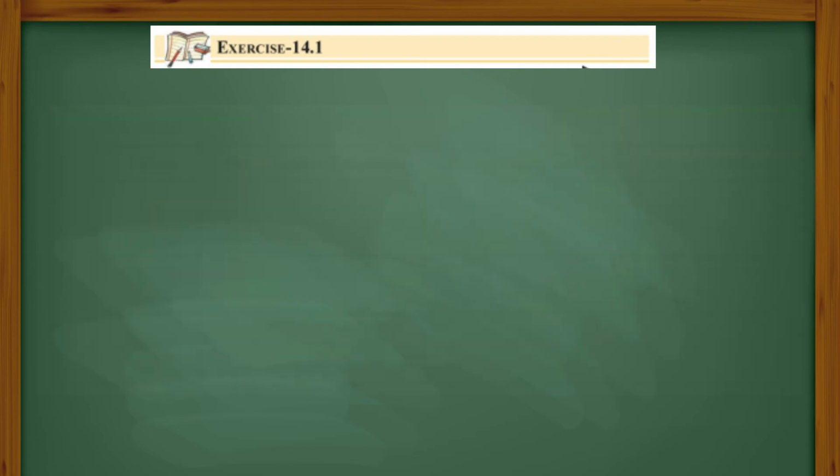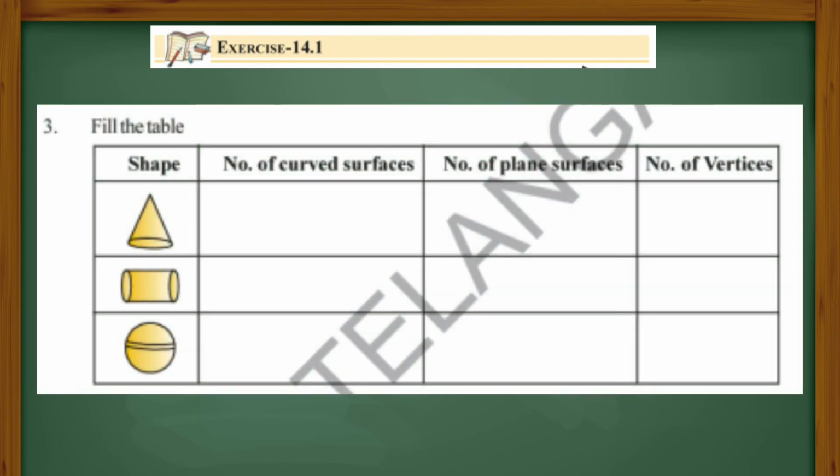Okay, students. Now, come to the third problem. Here, one table is given. Fill in the table. Here in the column, the shape is given and you have to write the number of curved surfaces, number of plane surfaces and number of vertices.